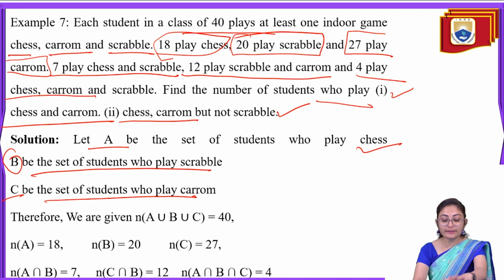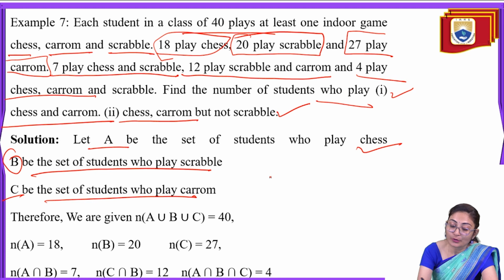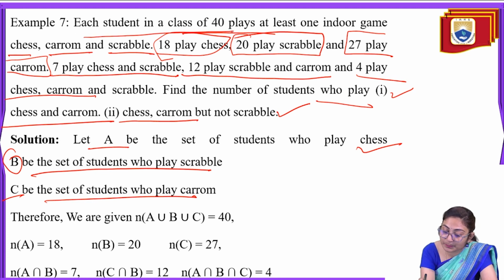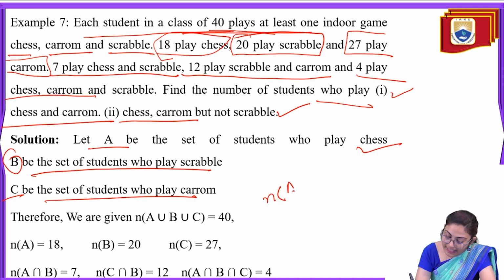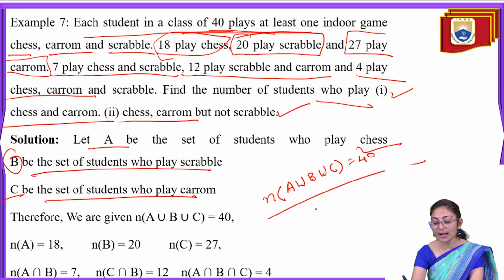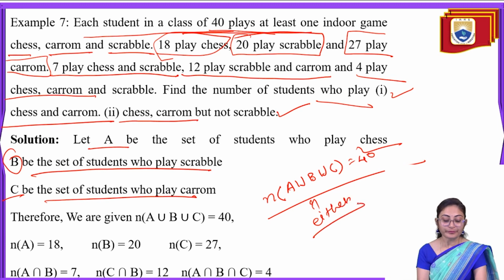Now on this basis we have the information that each student in a class of 40 plays at least one indoor game. So that means we can say N of A union B union C is 40. This is the condition, that at least they are playing one game.